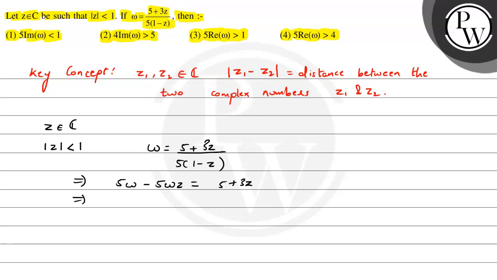So we have 5 times omega minus 1 equals 5 times omega plus 3 times z. Now therefore z is equal to (5 times omega minus 1) divided by (5 times omega plus 3).